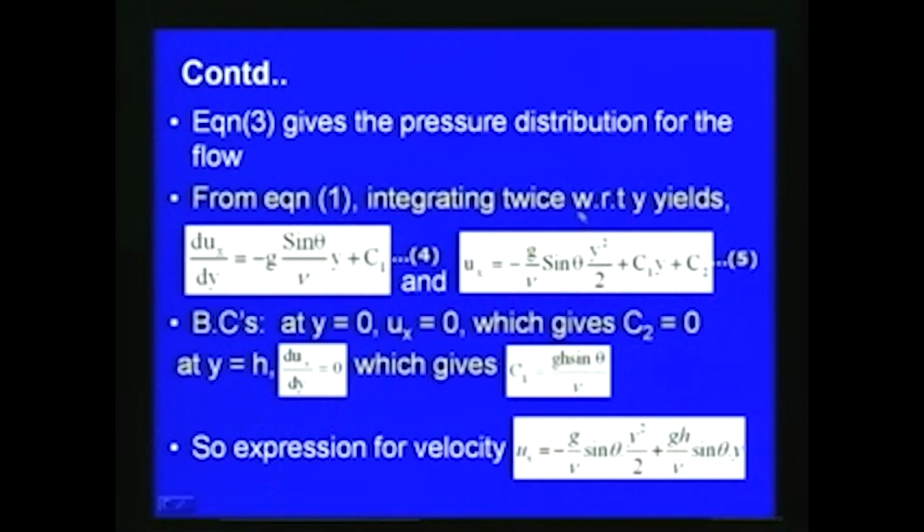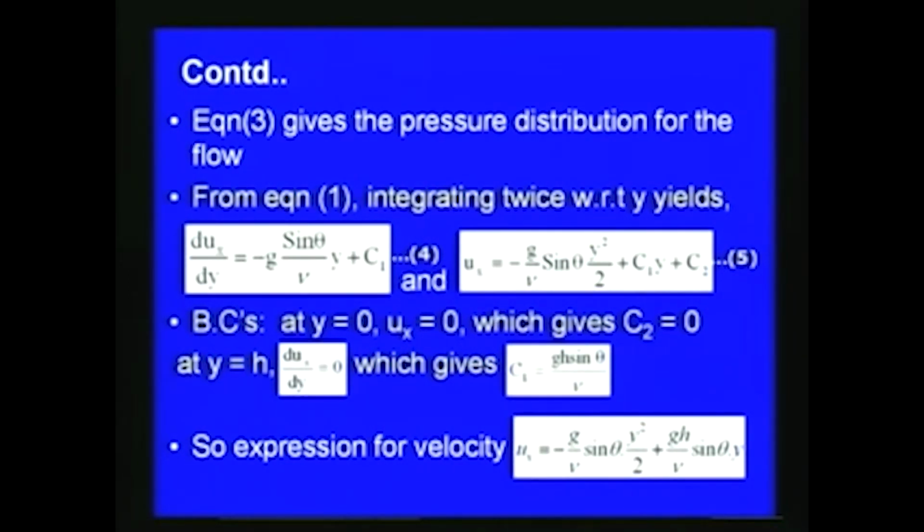Our aim is to get the velocity distribution also. So, from equation 1 we can integrate twice with respect to y. The first integration gives dux by dy is equal to minus g sin theta by nu into y plus c1, equation number 4, and integrating once again we get ux is equal to minus g by nu into sin theta into y square by 2 plus c1 y plus c2.